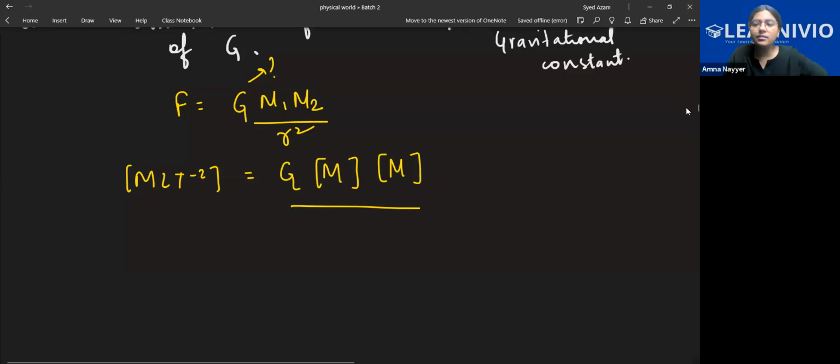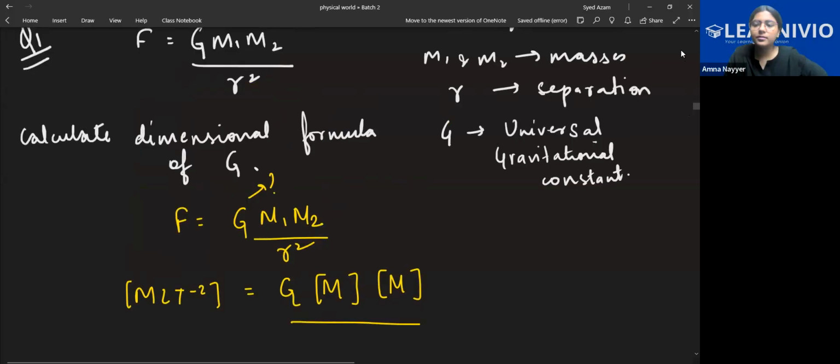What was R? Separation. So for separation, which is suitable? Distance, right? Exactly. So L is for R. This is R square, so it will become L square. Exactly. This is L square. That's it.